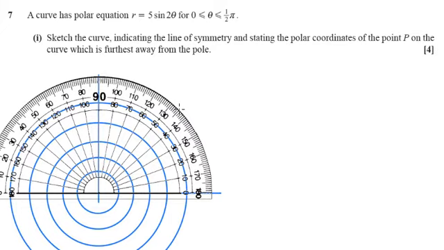So what should we do? We've got pi over 2, pi over 4, let's do pi over 8, so that's like there, and 3 pi over 8 is going to be like there.